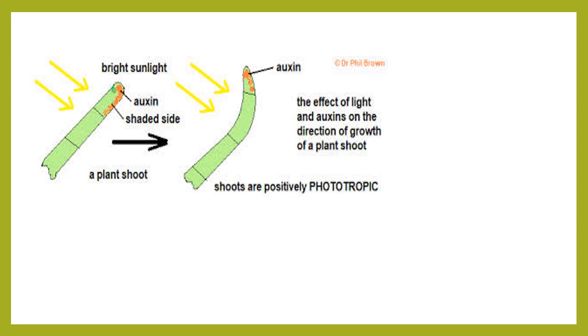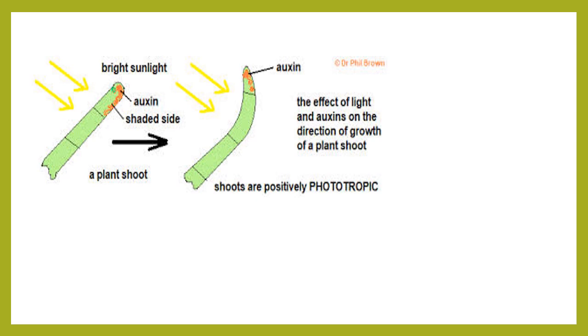As auxin is more in the part away from the sunlight, there is more cell elongation, and as a whole, this is the effect of light and auxin on the direction of growth of a plant shoot. So we can see how auxin works on the opposite side of the sunlight. Is that clear? That's why on the right side the cells are growing more, with more elongation, and as a whole the plant shoot is growing.